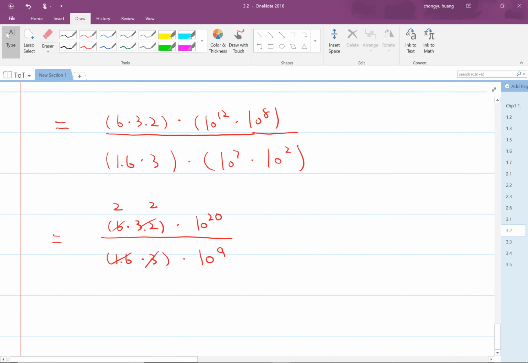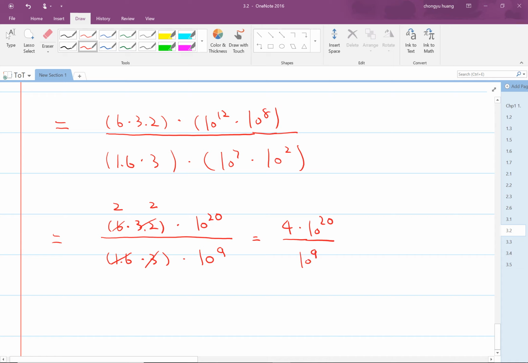Over here, what we have is 4 multiplied by 10 to the power 20, sorry, 10 to the power 20, and then over 10 to the power 9, right?